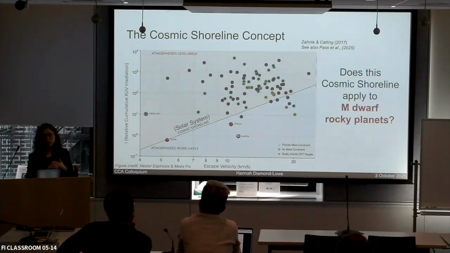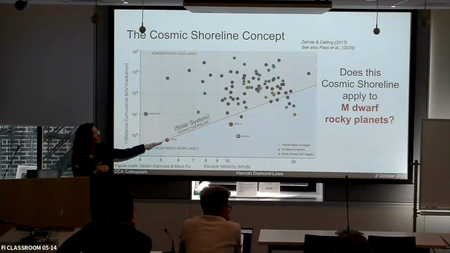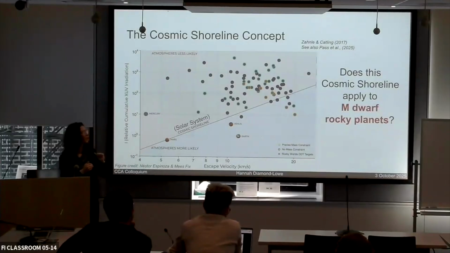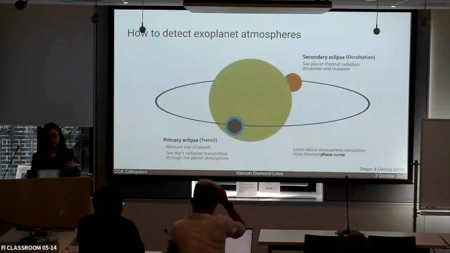And so what this has morphed into is, does this shoreline or some version of it, maybe slightly moved around, maybe adding some curvature, apply to the rocky planets orbiting M-dwarfs, which are the sample where we're looking for these atmospheres? Okay, so that's the question.